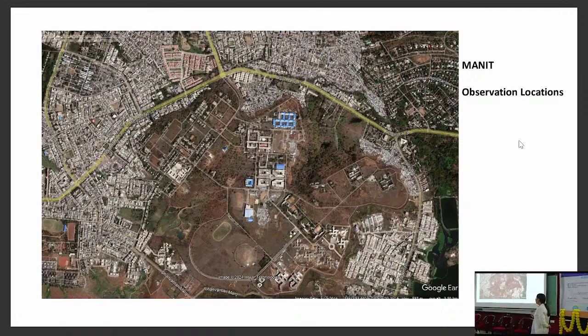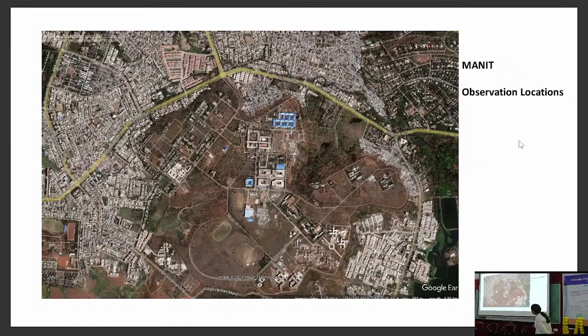Then we will go to the nearby lake, which is a small water body, and take observations there. Then we will go to the faculty accommodations, behind the town area, I think this area.